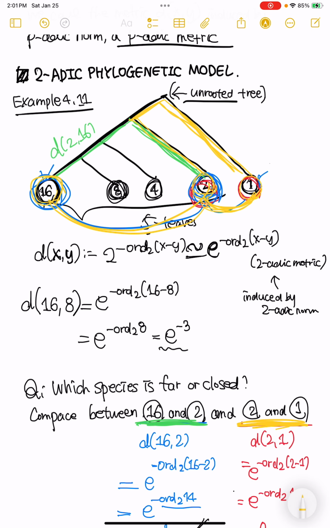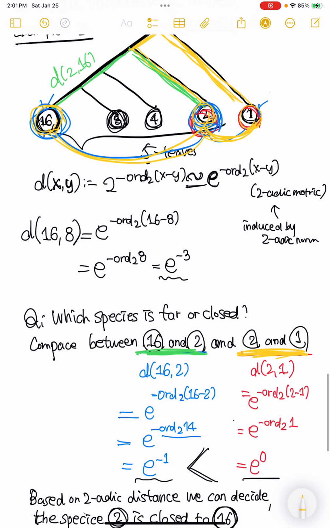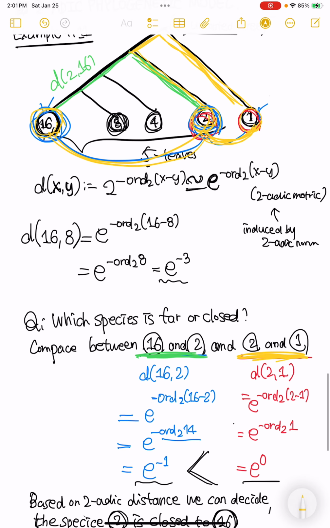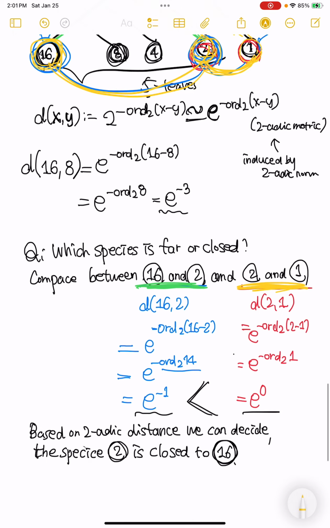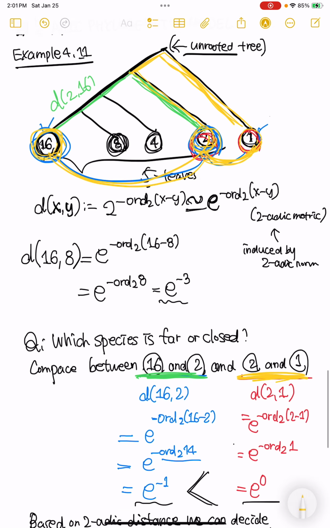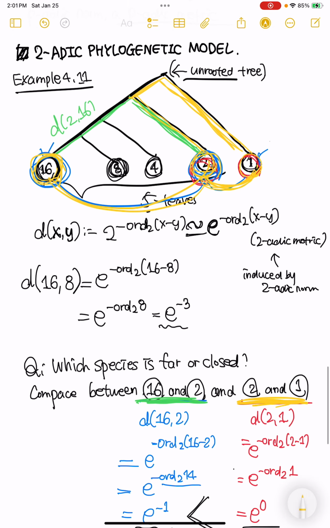But when you compute this phylogenetic model, 16 is close, and 2 and 1 is relatively far. This model is well explained by the phylogenetic model.